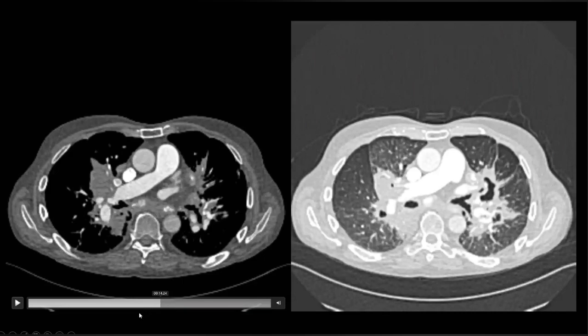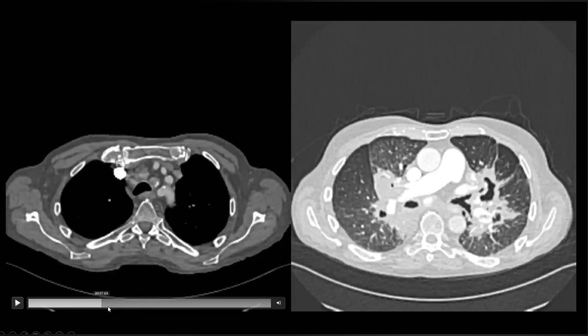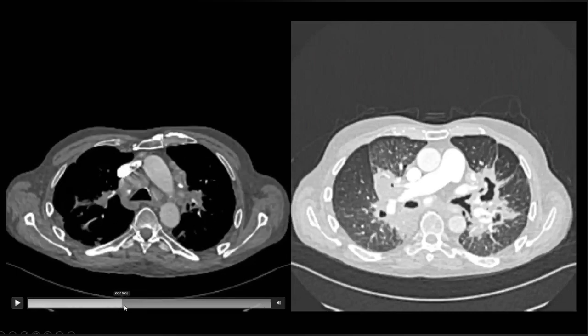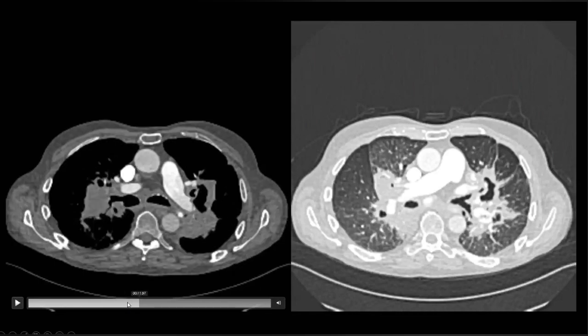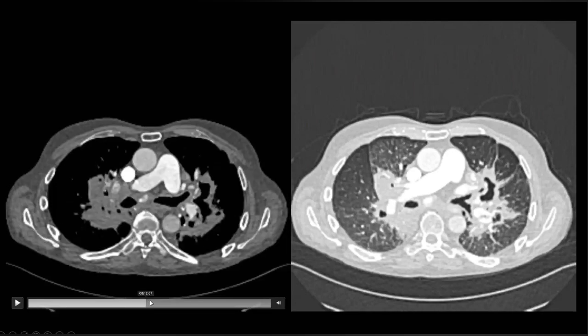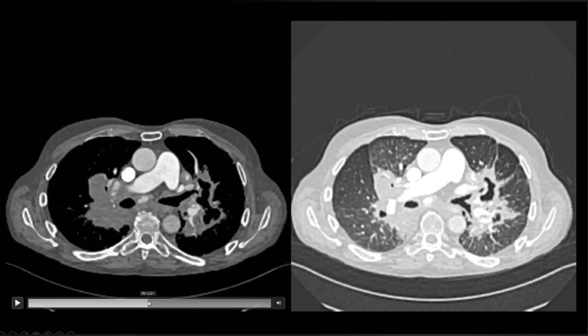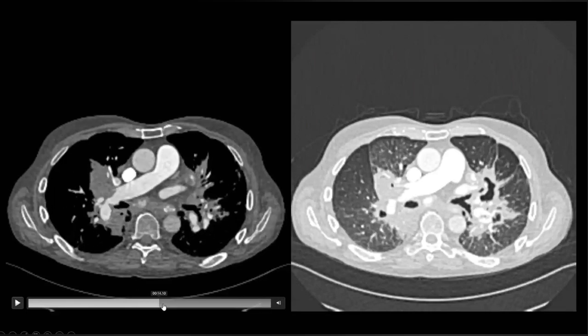They are quite round and do not seem to be continuous with the vessels. So these are probably lymph nodes, and they have increased density internally.